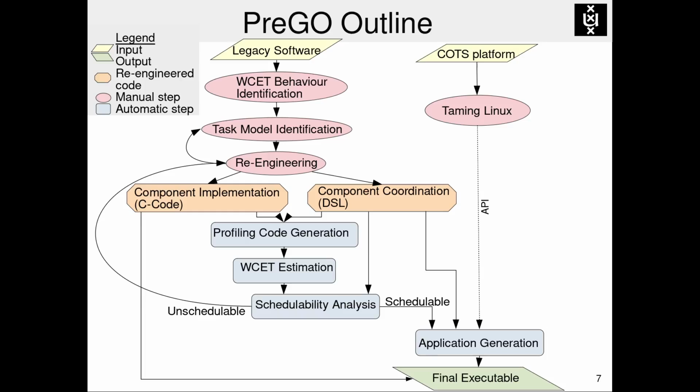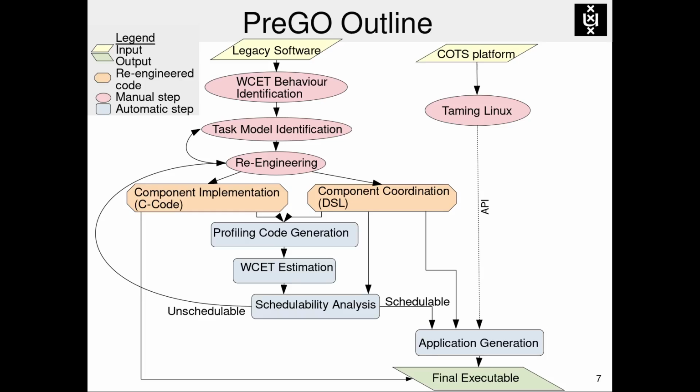To reach some form of timing control with such a difficult system, we devised a methodology that, from a legacy software or a newly designed one, can reach the goal of a final executable that respects the timing constraint. In this methodology, we have several steps where some are manual and some are automatic.